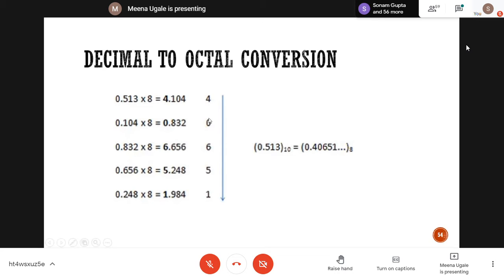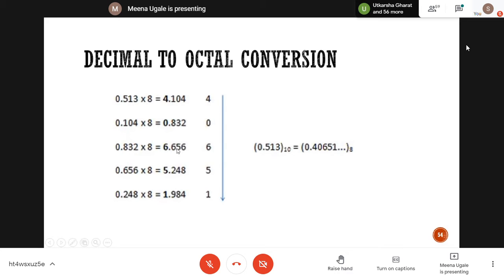After multiplication, you will get some number, in this case 4.104. The integer part I will write at one side and the fraction part I take for the next step of multiplication. After multiplying this, I am getting 0.832. Integer part here is 0. I have written it, and 832 I am taking for further multiplication.